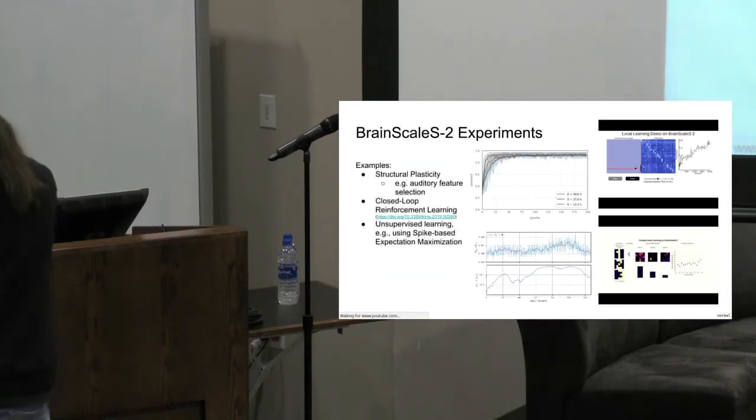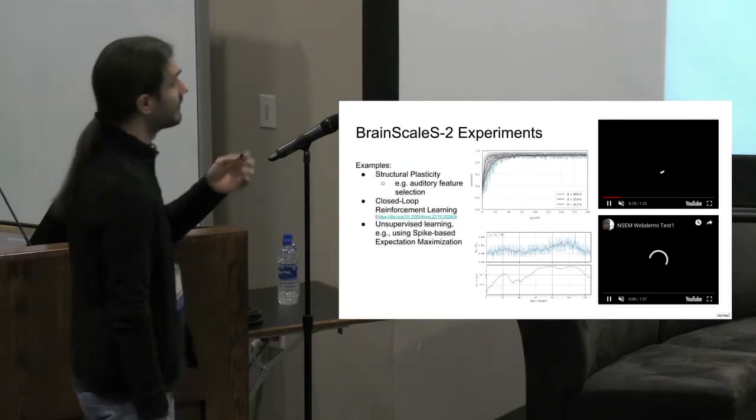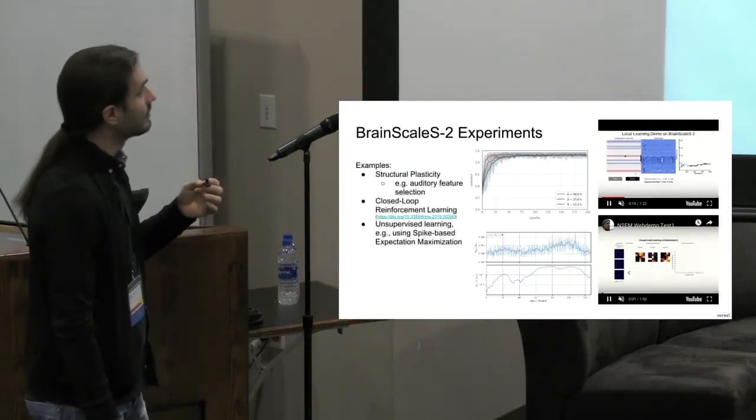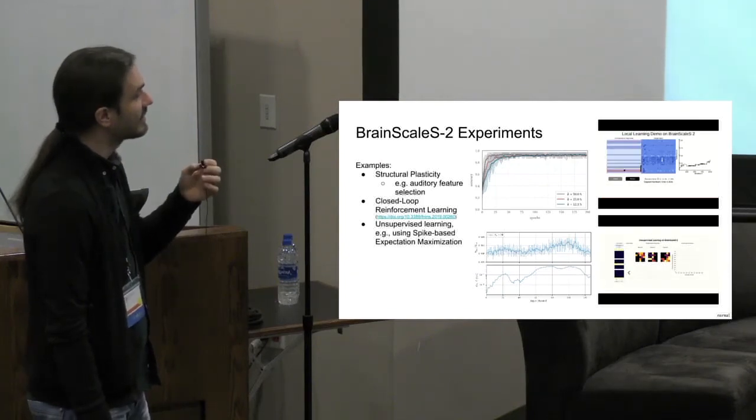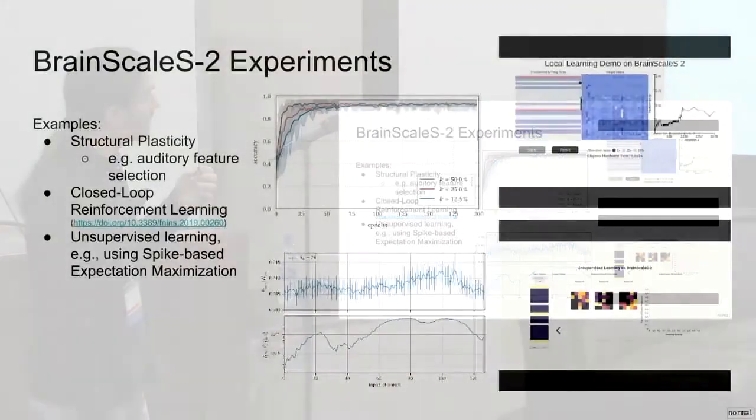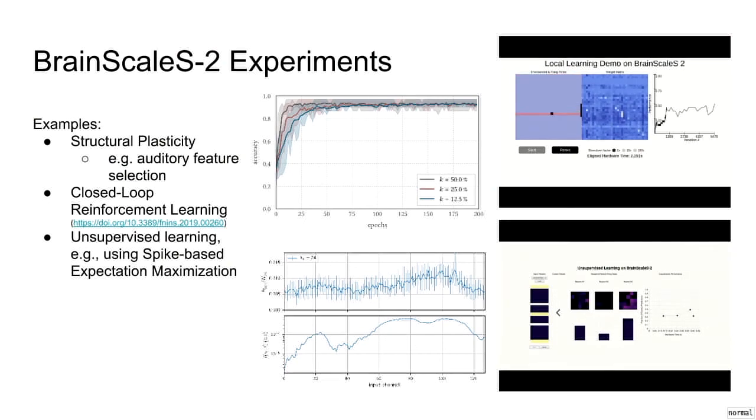Maybe next slide. Thanks. There are examples now. So structural plasticity, it's what we have shown on our slides. There are some YouTube videos on our YouTube channel. So if you look up the BrainScaleS YouTube channel, you can also have a detailed look at those videos.